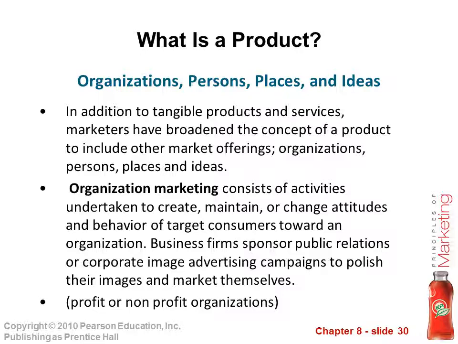The first type is organization marketing, which consists of activities undertaken to create, maintain, or change attitudes and behavior of target consumers toward an organization. Business firms sponsor public relations or corporate image advertising campaigns to polish their images and market themselves. It may be a profit or non-profit organization.